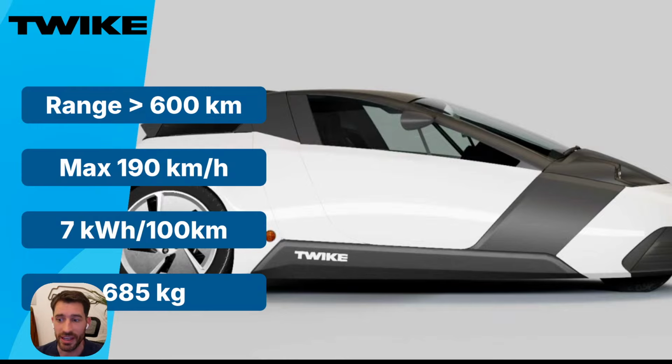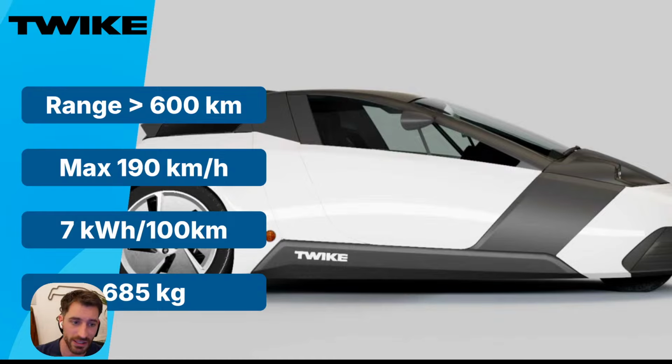The Twike, the Twike 5 actually, is the upcoming vehicle by Twike, which is a company which has already been in the market for many, many years, offering very cool concepts where you can pedal to go forward in very lightweight vehicles.